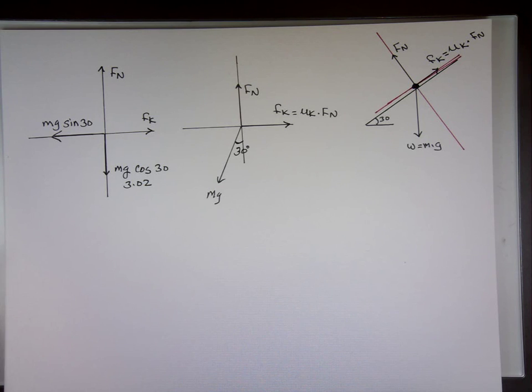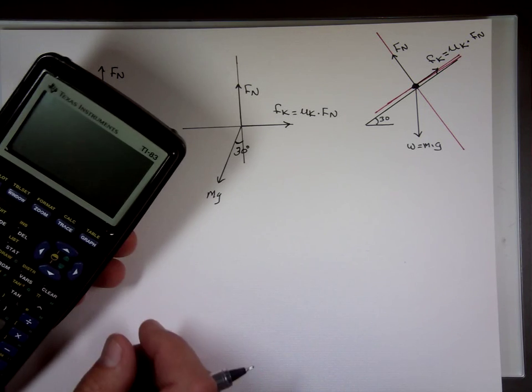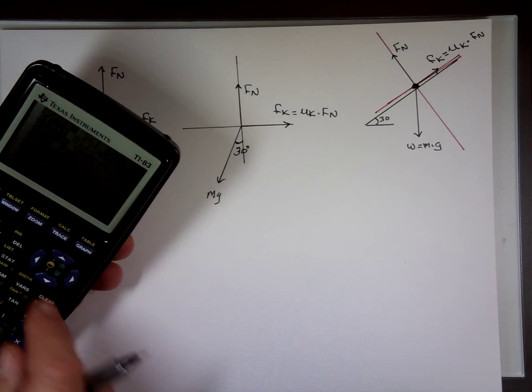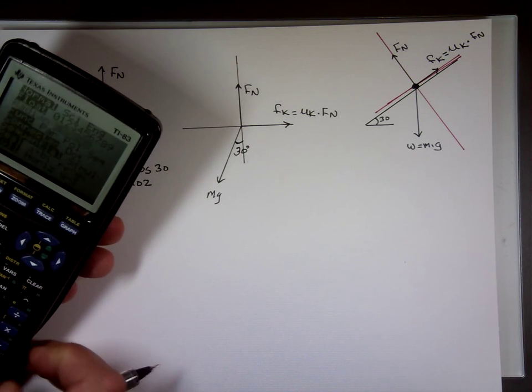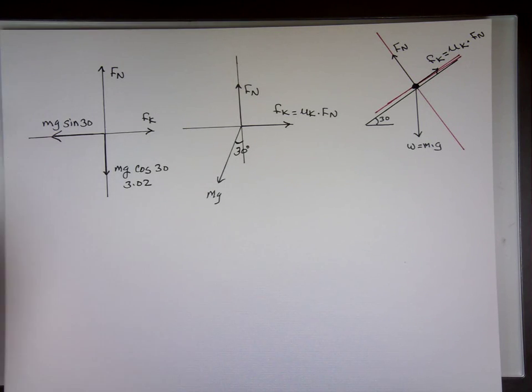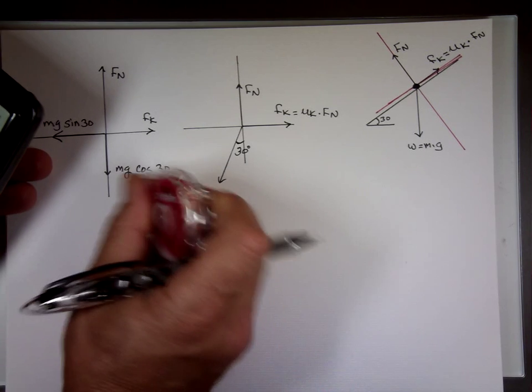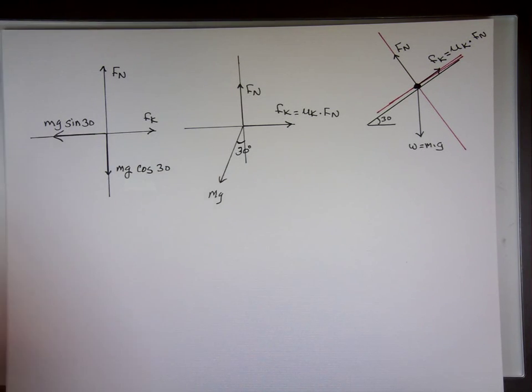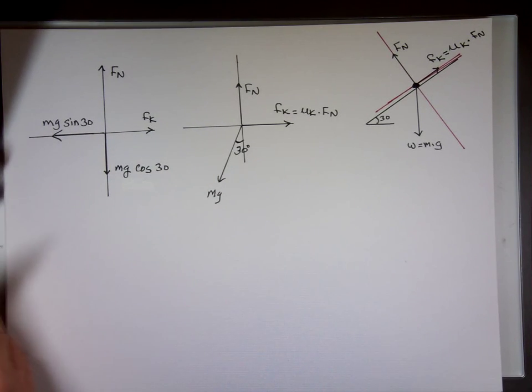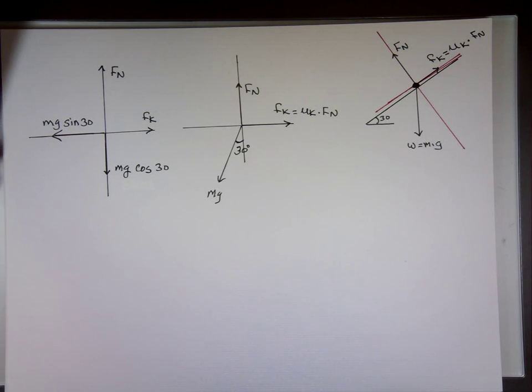Let me correct these numbers. I changed the mode last night to radian. I'm in degree mode now. Let me go back and redo this number. I knew that last night. I said, watch, I'll screw it up tomorrow. The mass is 2. Gravity 9.8 times the cosine of 30 degrees. 16.97, about 17.